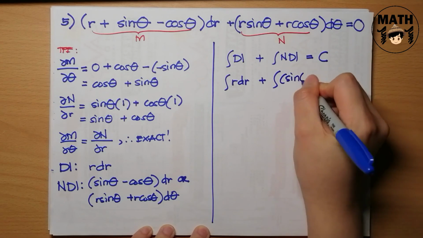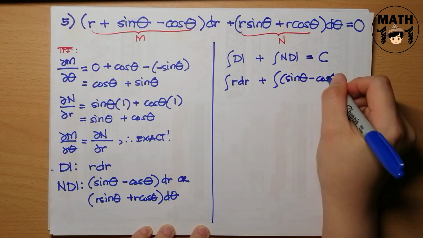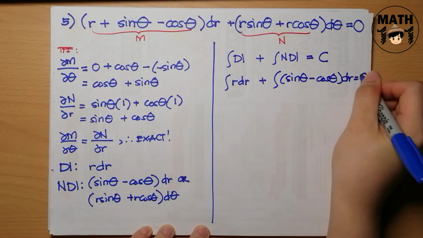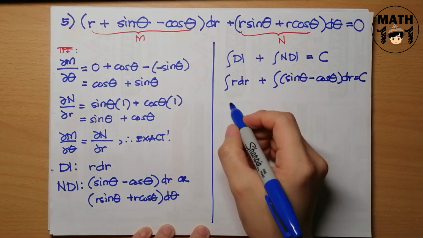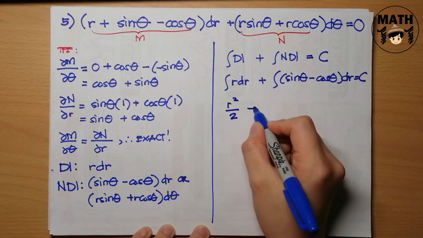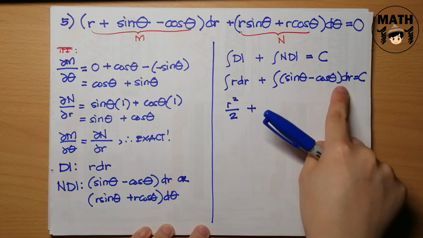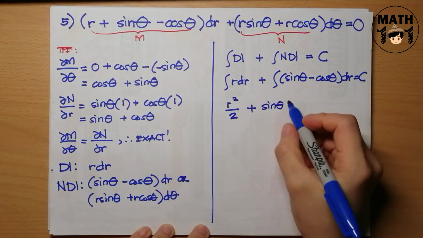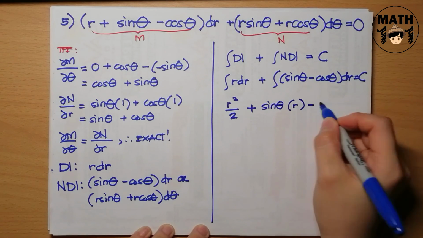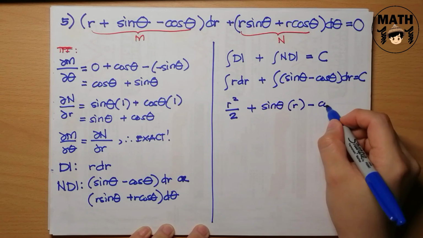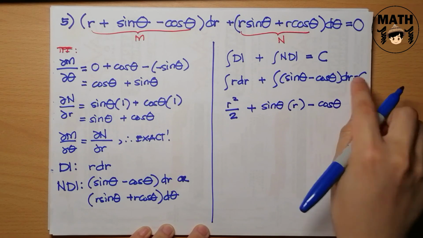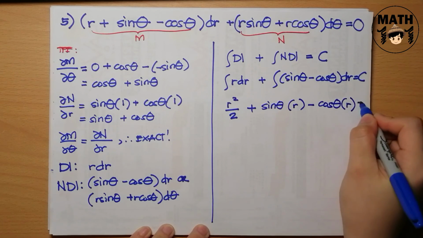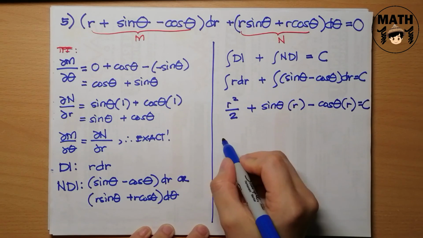Sinθ minus cosθ dr equals a constant. Integral ng r dr is r squared over 2 plus sinθ is taken as constant kasi with respect to r yung integration. The integral of dr is r minus cosθ taken as constant. Integral ng dr is r equal to a constant.